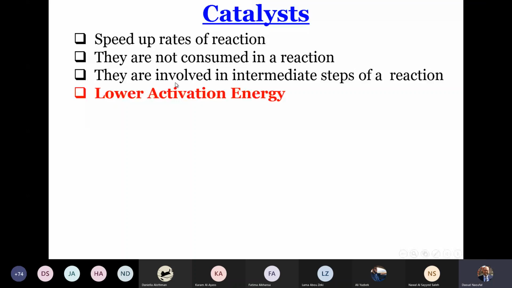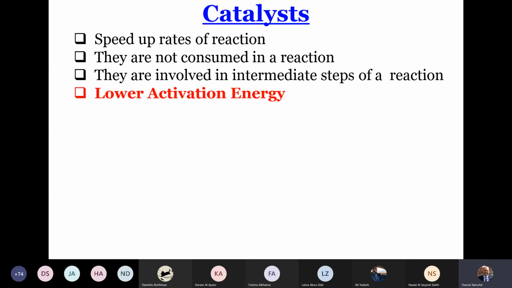Consider A plus B without a catalyst; the reaction would not proceed for several reasons. First, the orientation of A with respect to B. Second, the collisions between A and B did not produce the minimum energy needed for the reaction to proceed, or did not reach the activation energy.